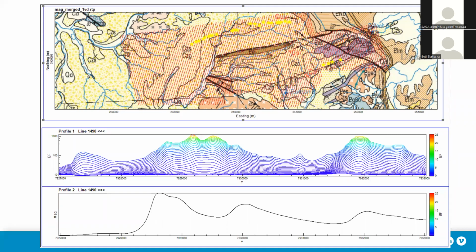And obviously not all of these are going to be anomalies. I will be doing some sort of 2.5D or even 1D models of these, using my EM and using my magnetics to see which ones are great prospects.